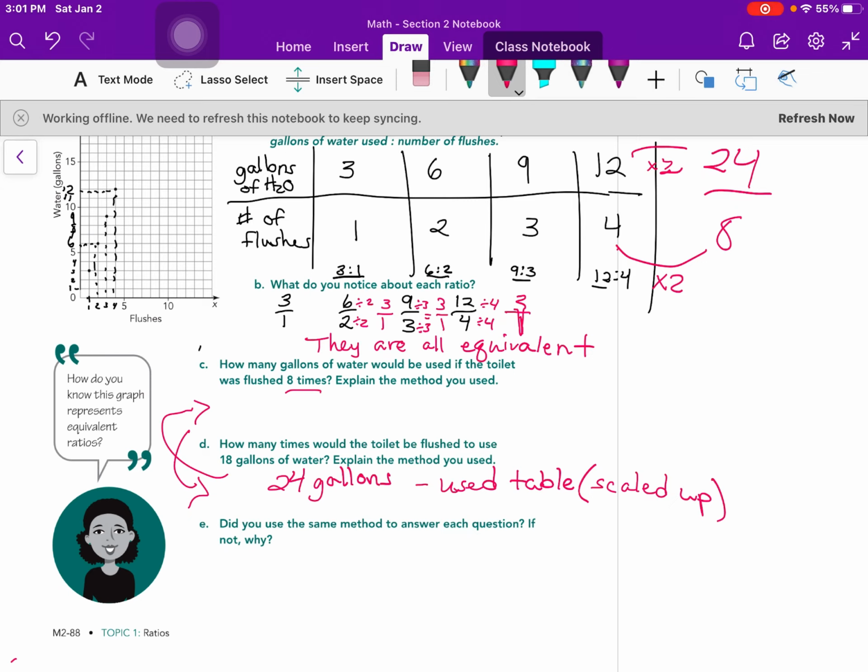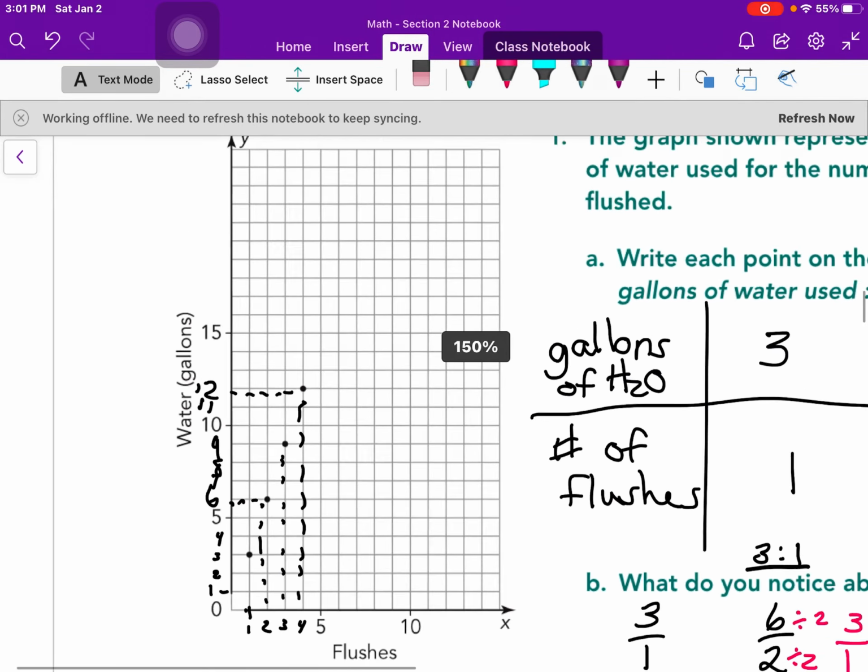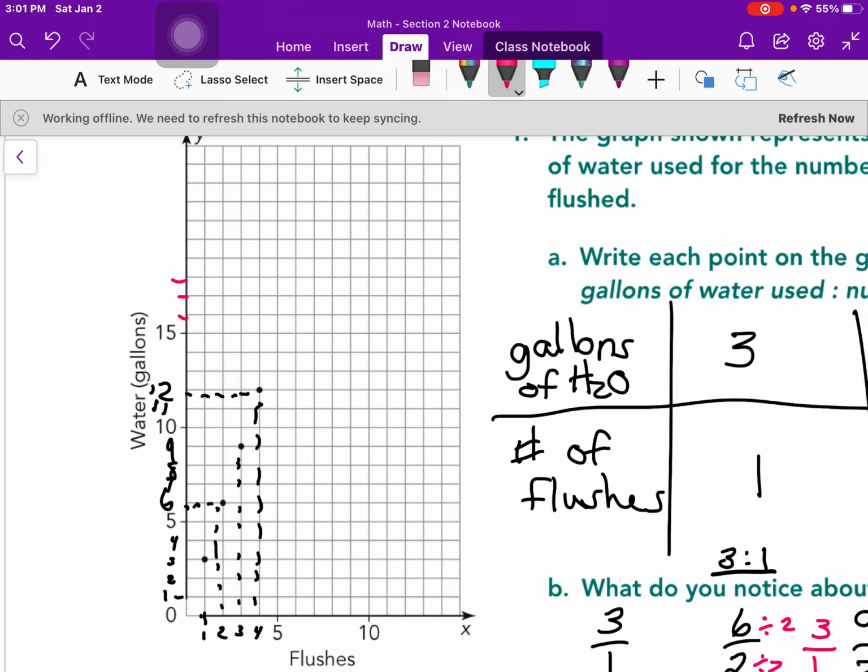All right. D, it says, how many times would the toilet be flushed to use 18 gallons of water? 18 gallons of water. Let me see if this graph will be helpful for me. That's 15, 16, 17, 18 gallons would be there. And if I notice that every single time, will that help me or not?